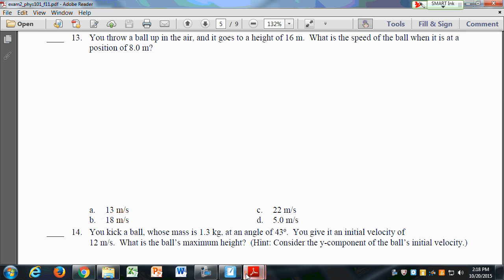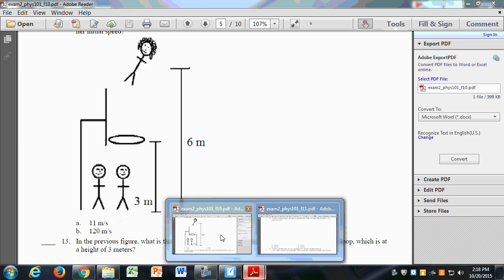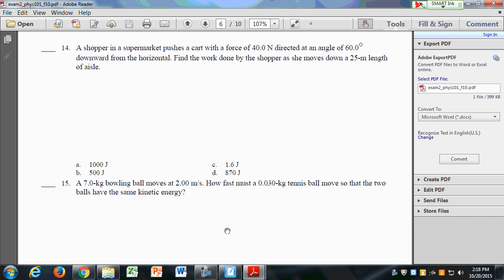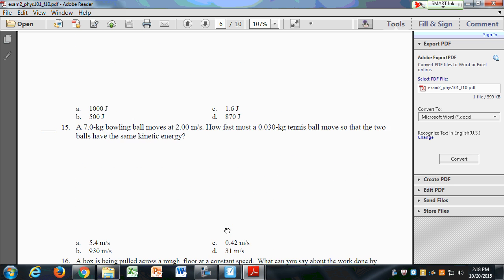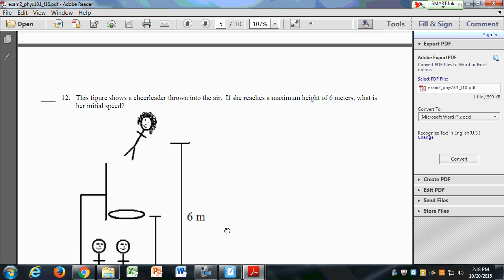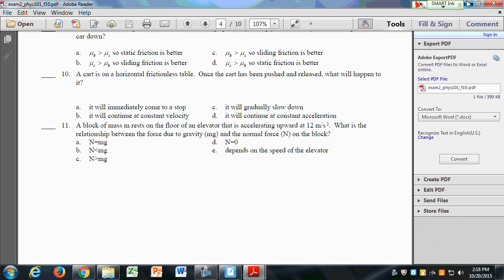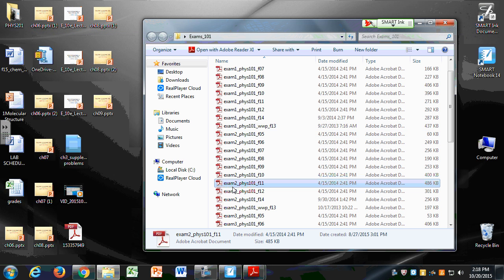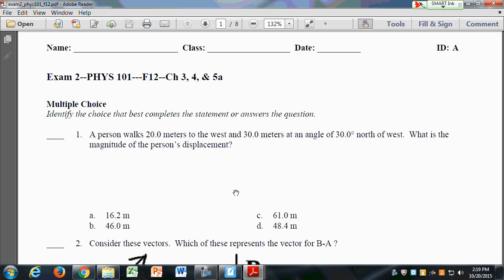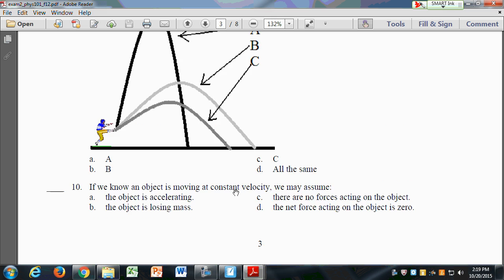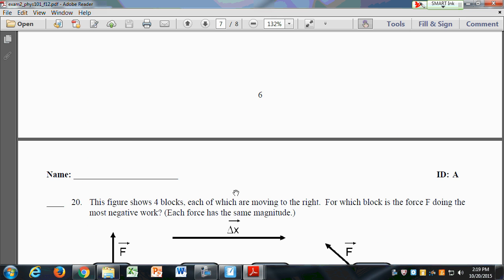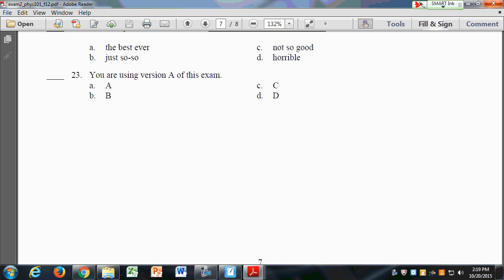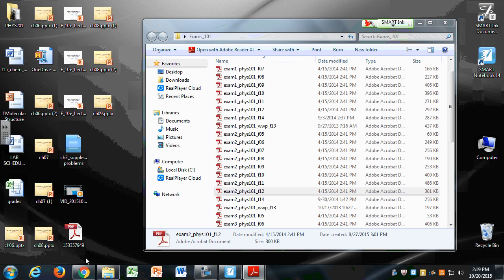All right, let's look at that other exam. I think there was a cart problem there. I guess there wasn't. Let me pull another exam. Fall 12. And 3, fall 12.